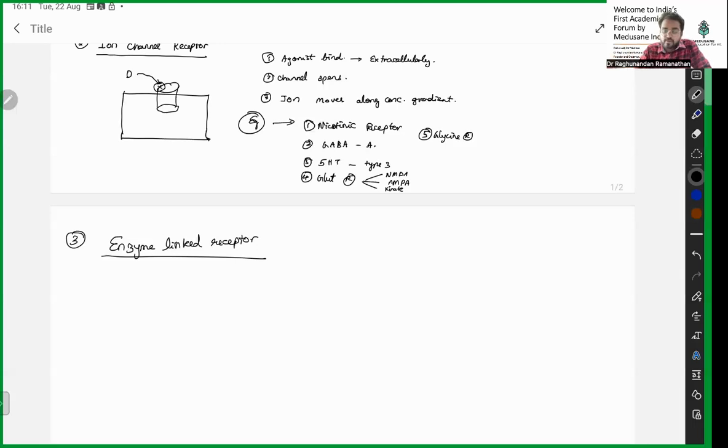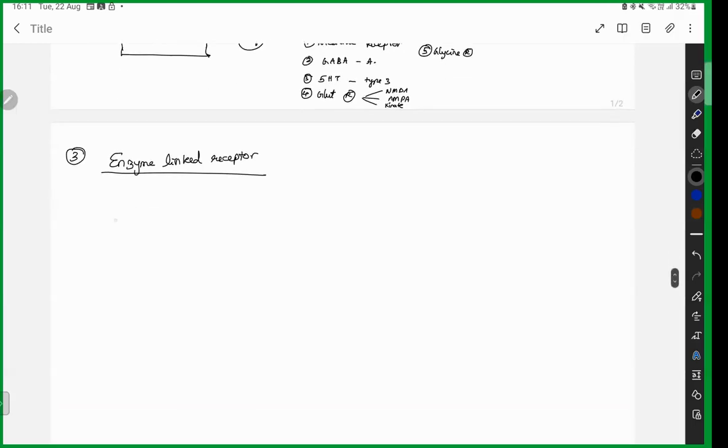Okay, are you all clear? Can we just write it down? Yes, write it down along with me. So there is an enzyme linked receptor. You are going to have your box, a cell.